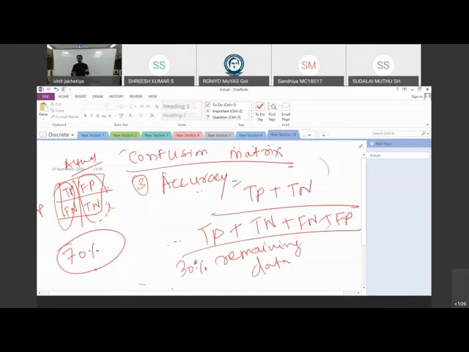That means accuracy does not give us any information whether it is a false negative or false positive. That means a positive class has been classified into negative or the negative has been classified into positive, right?